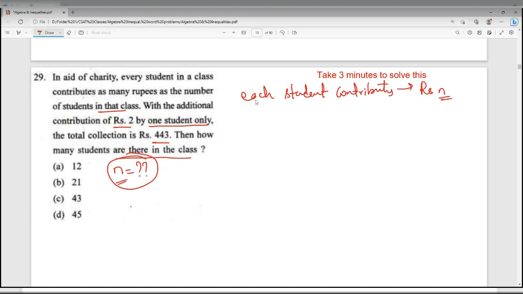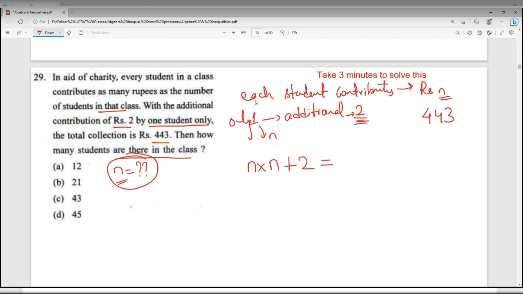Only one student gave an additional 2 rupees, so he is already giving n, and then he has given this 2 also, and then the total collection is 443. So there are n students, and each student gives n rupees, and one student gives this additional 2 rupees, n square plus 2, and that is equal to 443.